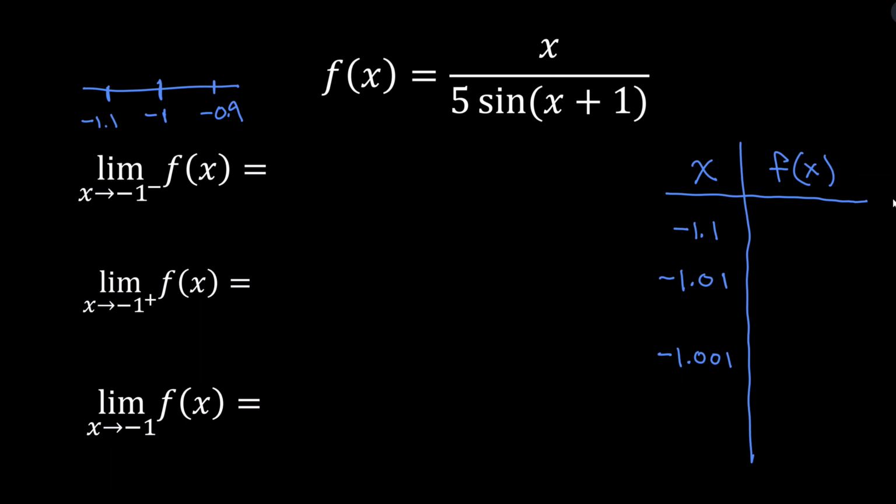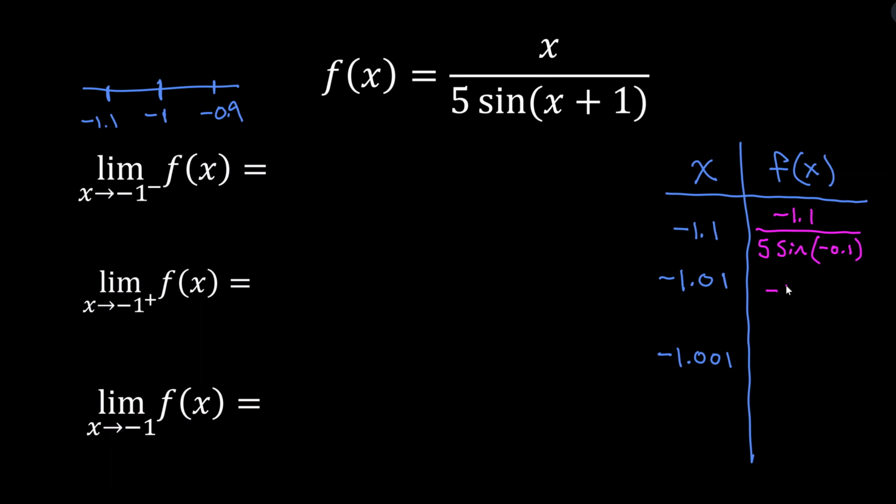And we're going to see what happens to these y values. So what happens here in the numerator, I always just have x, so -1.1. And the denominator, I have 5 times the sine of what? Let's see if I can add this together. -1.1 plus 1 is just -0.1. So the sine of some negative angle that's really close to 0. Okay. All right, for now I'm going to leave it like this, and I'm going to plug in -1.01.